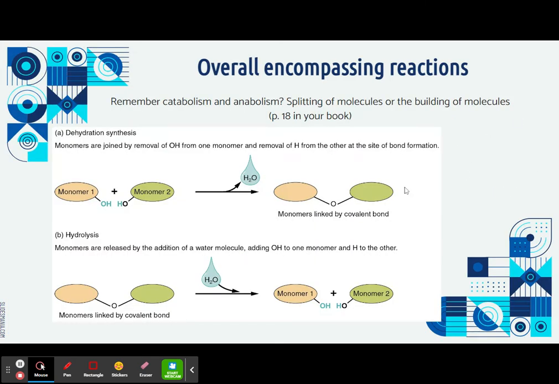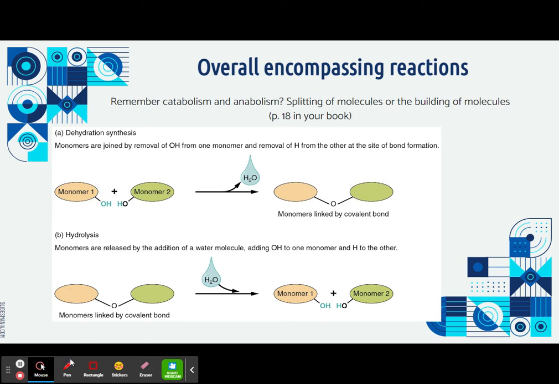So overall, this is the same reaction. Remember back in catabolism and anabolism, way back in module 1, catabolism, cutting them up, anabolism, putting together, back on page 18 in your book. So there are 2 processes. You have to put them together or you have to break them apart. The process of dehydration synthesis puts them together.